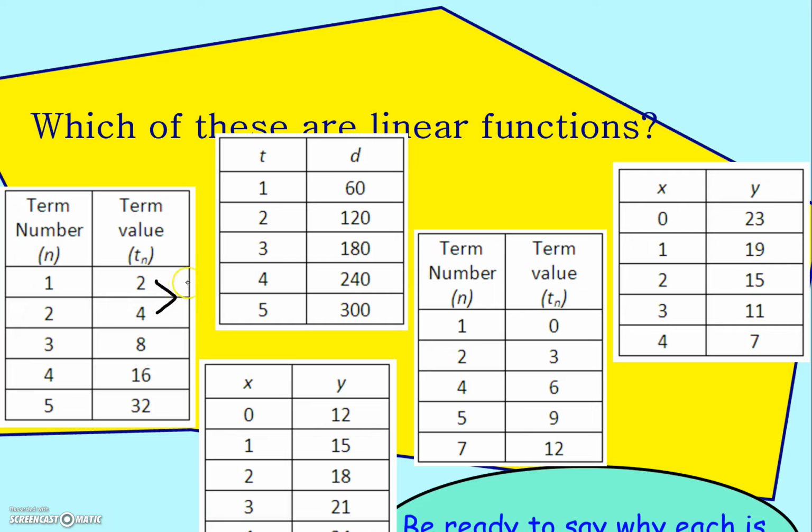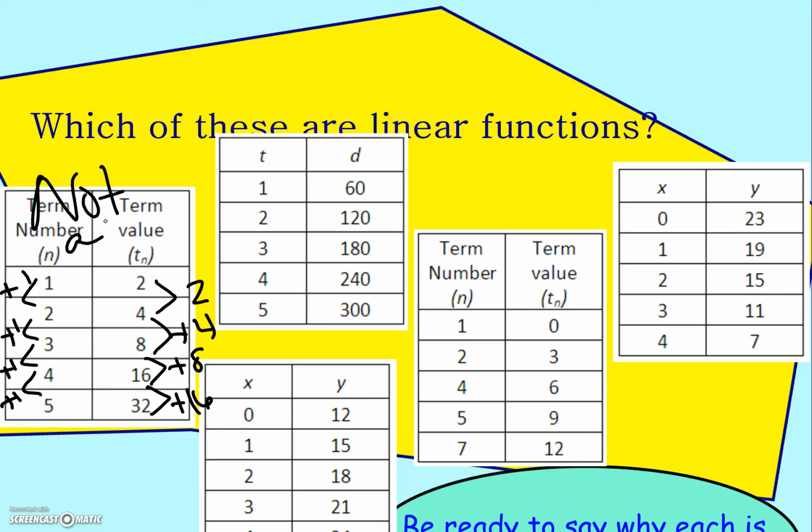So that would be plus 2, plus 4, plus 8, plus 16. This would be plus 1, plus 1, plus 1, plus 1. This is not a function. I'm sorry, not a linear function. It is a function. Because it's not a constant rate of change. 2 divided by 1 is 2, 4 divided by 1 is 4, and so on.